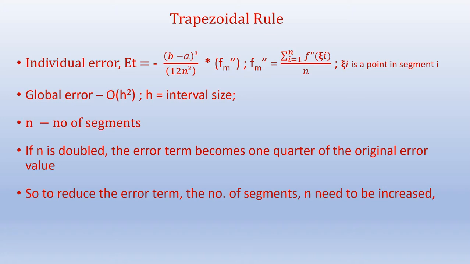The global error in this scheme is of the order of h squared, where h is the interval size. Here n represents the number of segments in equation 1. When you look at equation 1, if n is doubled, the error term becomes 1/4 of the original error value. So to reduce the error term, we should increase the number of segments.